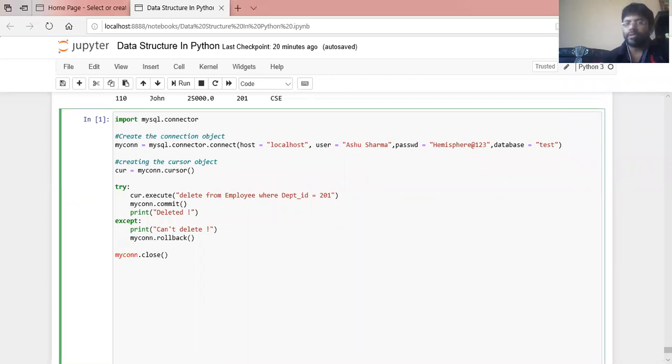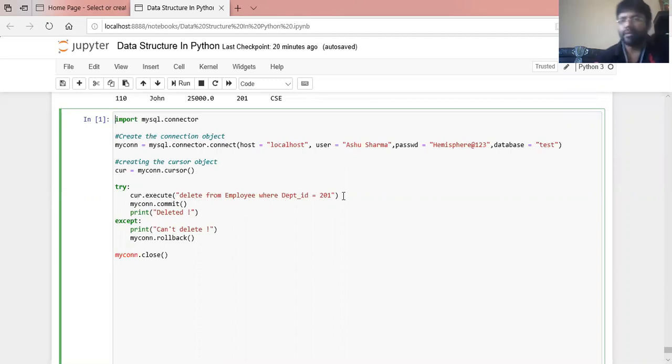Firstly, we import mysql.connector, then create the connection object, passing four parameters: hostname, username, password, database. Create a cursor object, and finally in the try, we call the execute method: delete from employee where department ID 201.